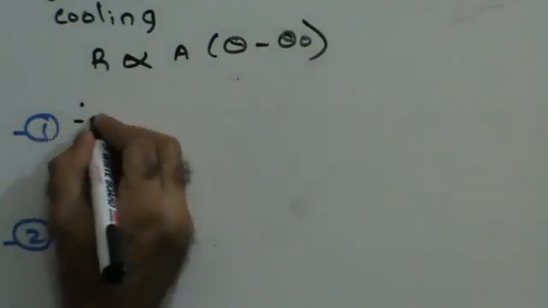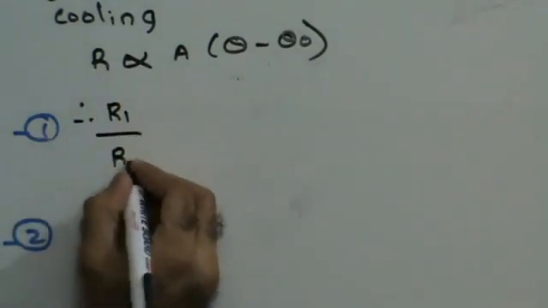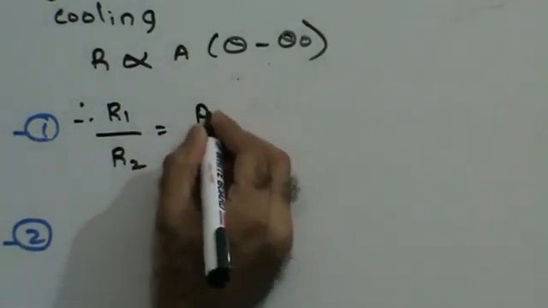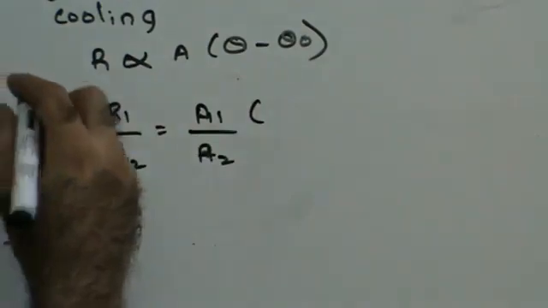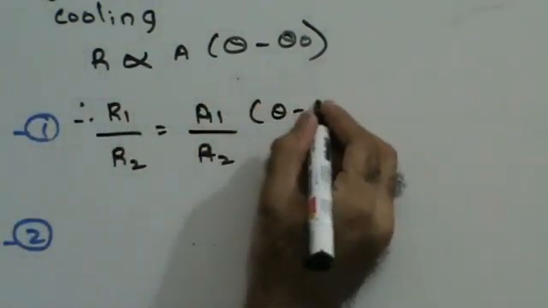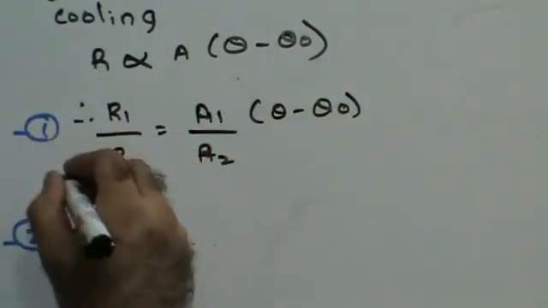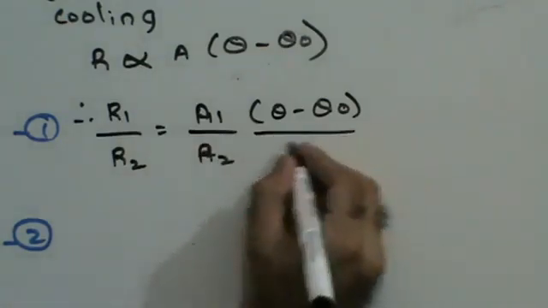So therefore I can say that R1 upon R2 is equal to A1 upon A2 into (theta minus theta 0) upon (theta minus theta 0).